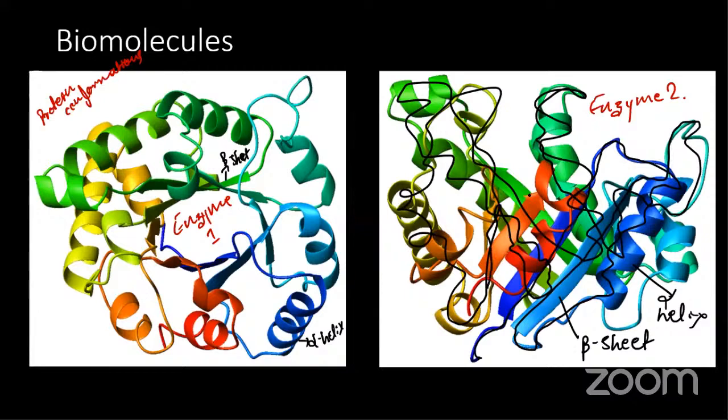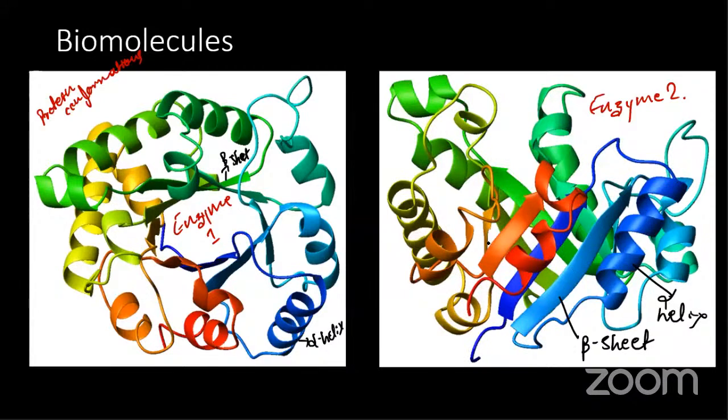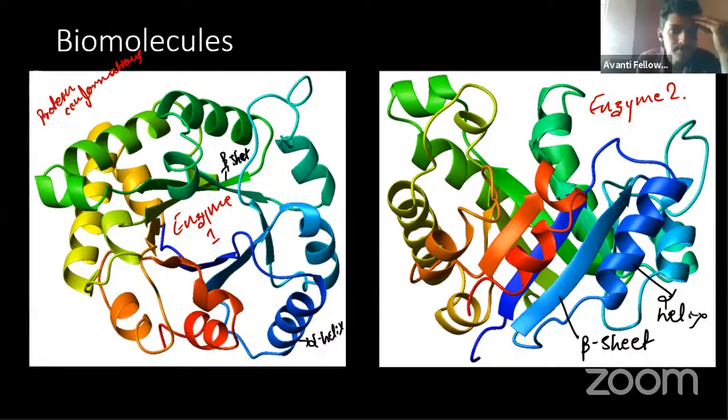So this is a single polypeptide chain which is in a tertiary structure. This tertiary structure is made up of alpha helix and also has beta sheets. So I think you understand how the conformations are formed, right?